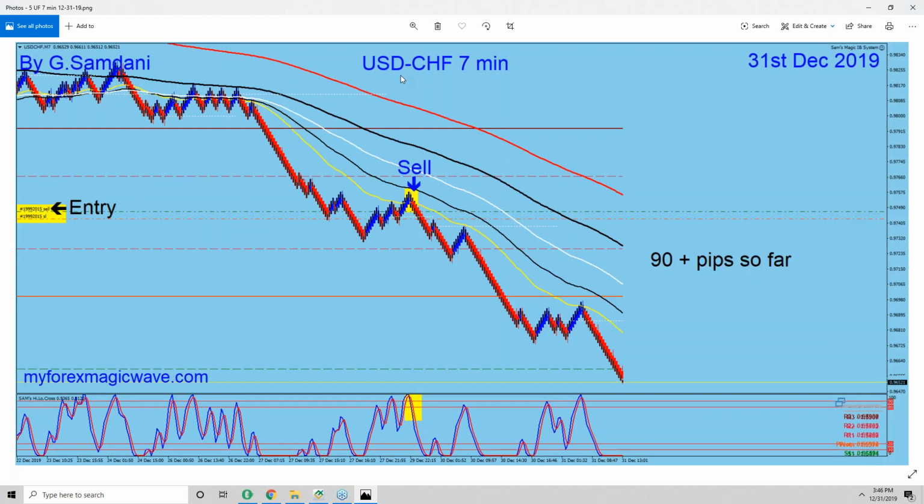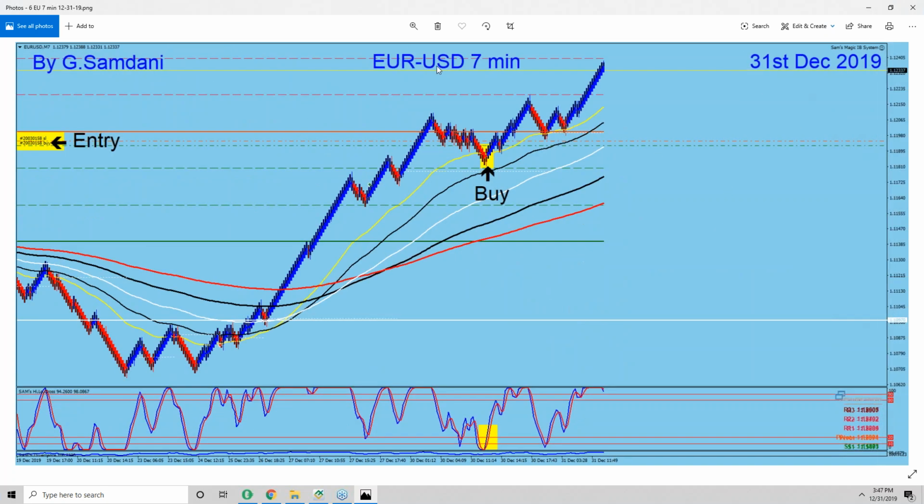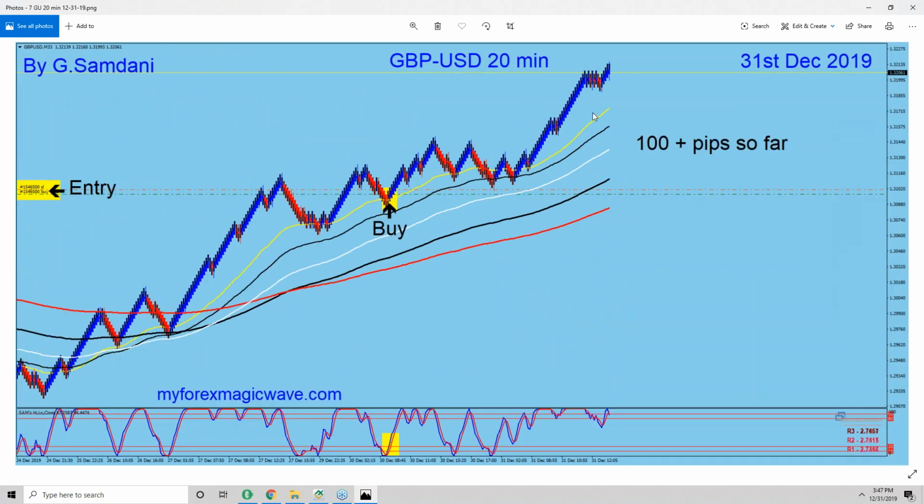The 3 pairs going down are USD/CAD, USD/franc, and USD/yen. So here's USD/franc. USD/CAD and USD/yen also went down very nicely, but I missed the entries. And then the others: EUR/USD to the upside, long entry here on the 31st close.